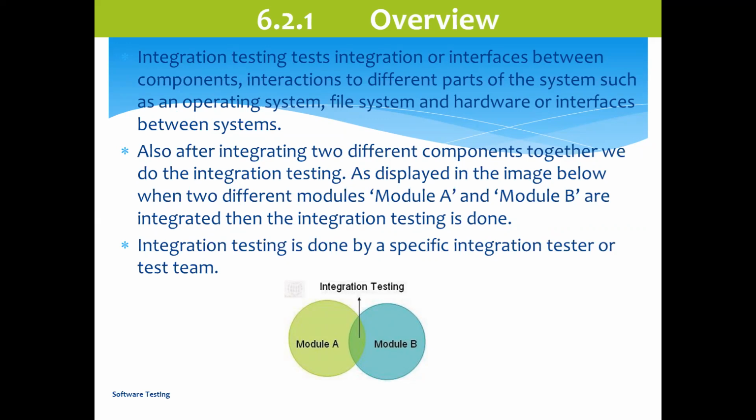In module 1 NEFT is there, and in module 2 IMPS is there. Whenever we do the transfer, we have to select one of these two. If one is selected, the other should not ask for selection, otherwise it will throw an error.